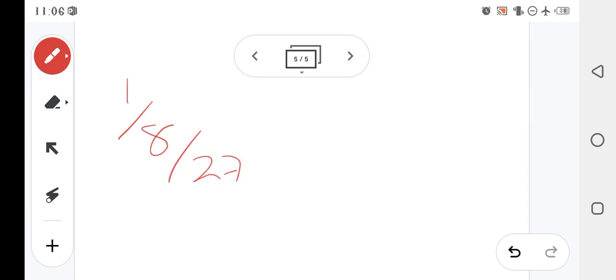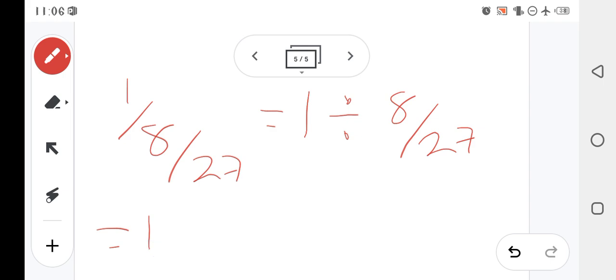From here, there are ways I do it sometimes. I simply put it as 1 divided by 8 over 27 to make things easy. So this one is just like 1 over 1, and 1 over 1 gives us 1.